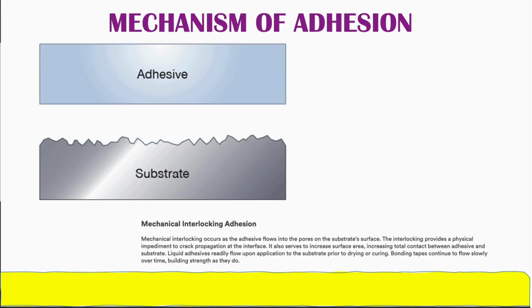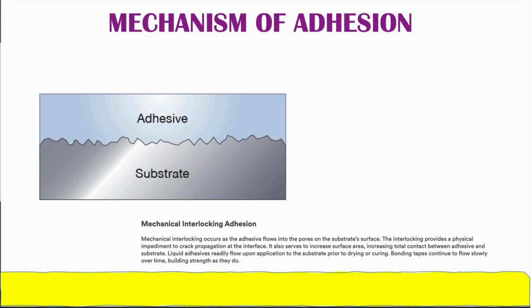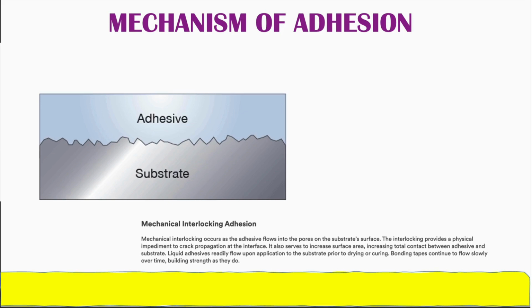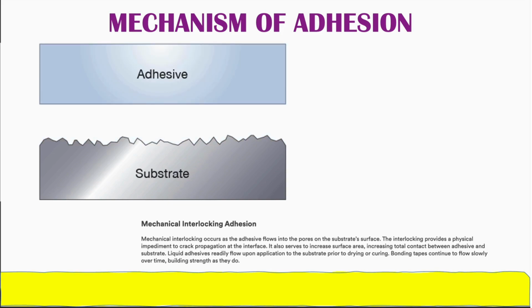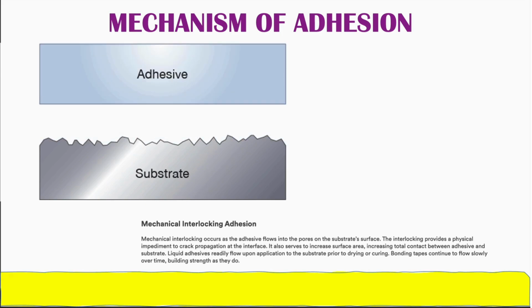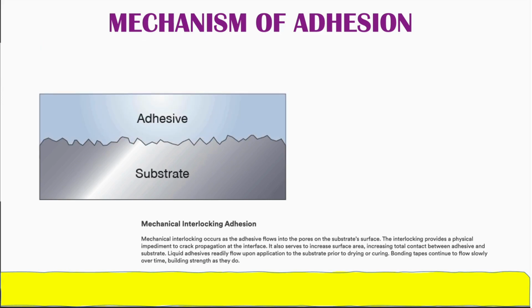Next, let's explore the mechanical bonding or the mechanical interlocking adhesion. This basically involves two surfaces which get bonded to each other by an adhesive which cures after filling the holes and asperities on the surface.